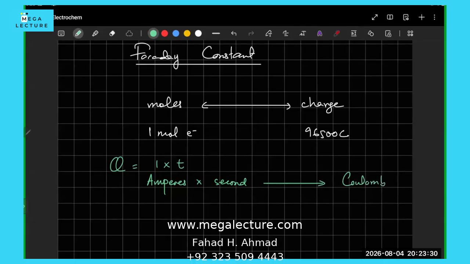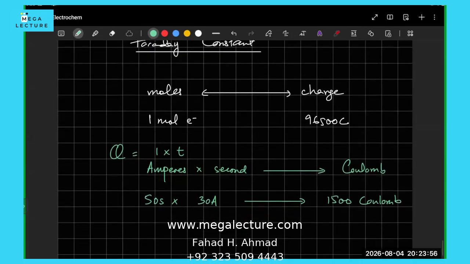If there's a current of 30 amperes flowing for 50 seconds, you would know that it's 30 times 50, that's 1500. That's the amount of charge that is flowing. If you want to figure out the moles of electrons, then you can use the above ratio to figure out the moles of electrons. Okay?